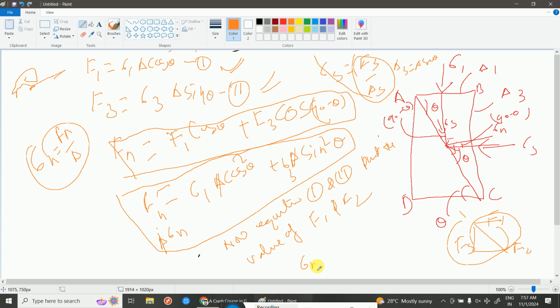Then finally you can write here sigma n is equal to sigma 1 cos square theta plus sigma 3 sin square theta. This is the equation you have got. Let's name it equation number 3.